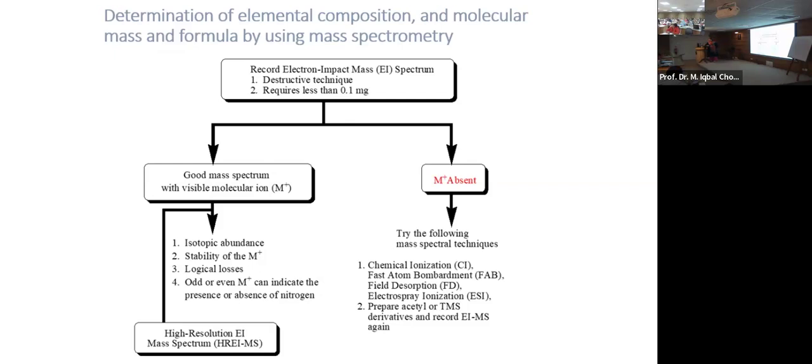Yes, you need to know this, and this is the strategy that you need to follow. You have to do mass first, and then you can proceed to proton. There are students who submit samples that are not even completely soluble, and they just randomly write the solvent.